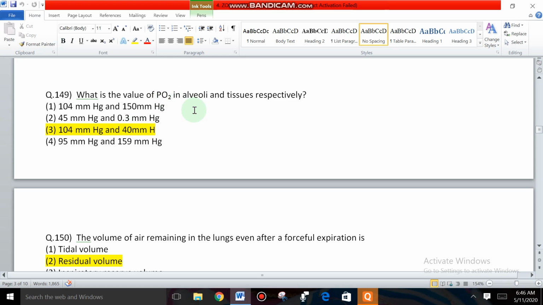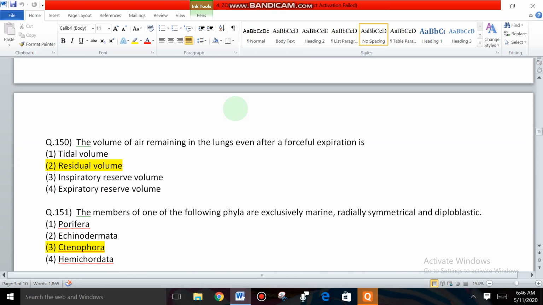The partial pressure of oxygen in alveoli is 104 mmHg, and in the tissues it is very low because of the high concentration of H plus and high temperature, that is 40 mmHg, right? That numerical value is also most important, you should remember it by heart.